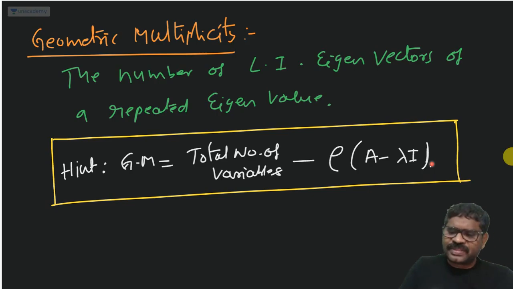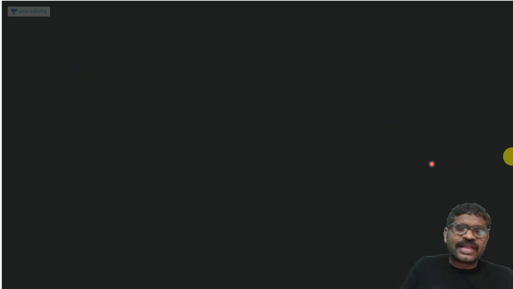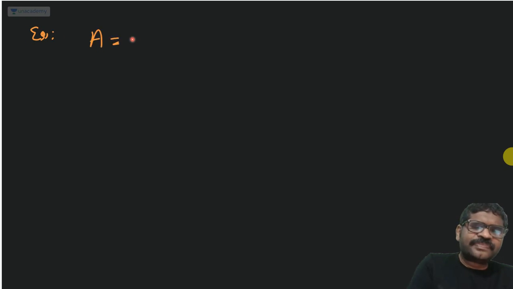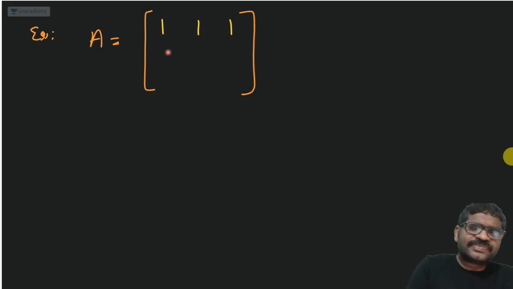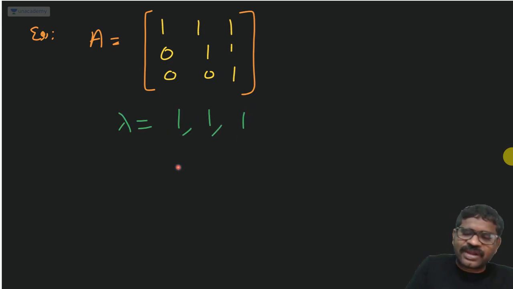Now, example. I am taking this example: 1, 1, 1; 0, 1, 1; 0, 0, 1. We already solved this example. Here eigenvalues are 1, 1, 1. We already calculated eigenvectors. How many eigenvectors did you get in this problem?